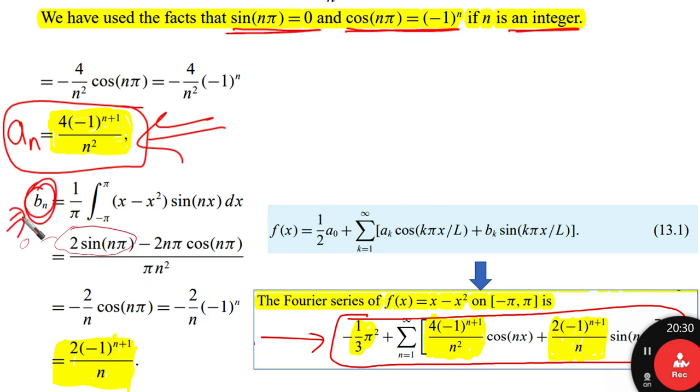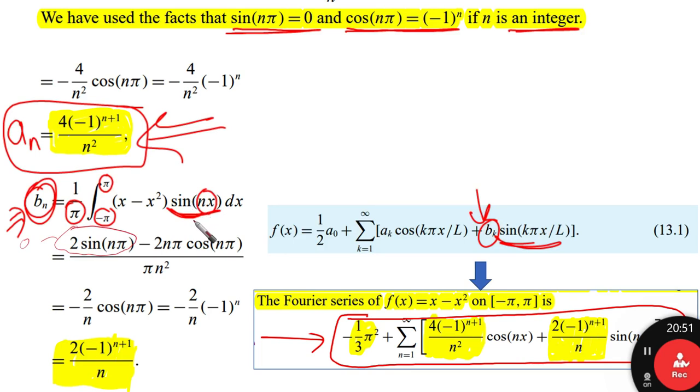It is bn, the other coefficient, the one that is multiplied by sine, right? So we're going to do the integration, 1 over L, which is pi, from minus L to L, minus pi to pi, of x minus x squared times sine n pi x over L, which is nx only.